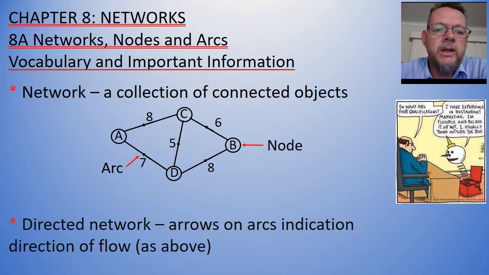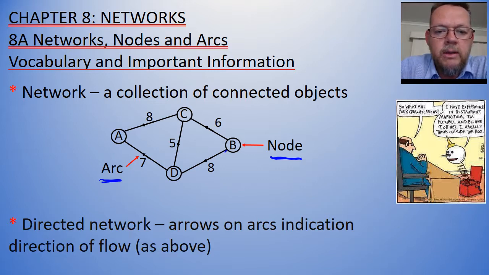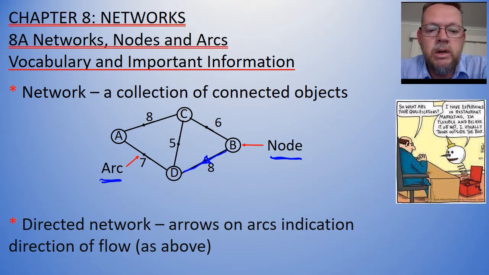So let's define, first of all. A network is a collection of connected objects, and these connected objects will be arcs and nodes. So an arc is this line that joins 2 nodes together. Now this arc is a directed arc because it's got an arrow on it, so that makes it a directed network.